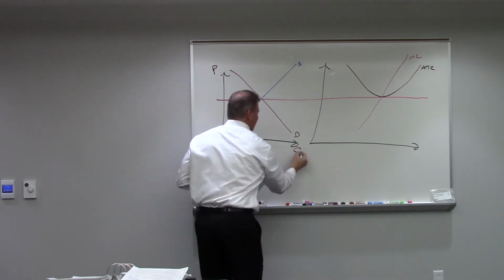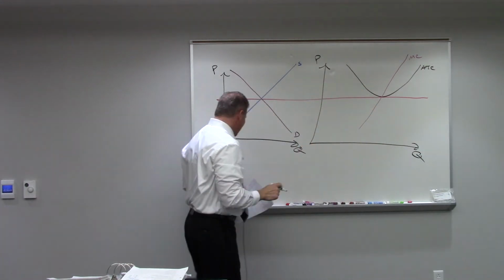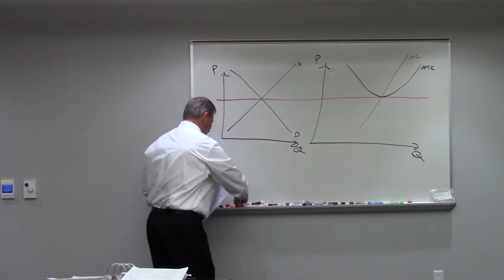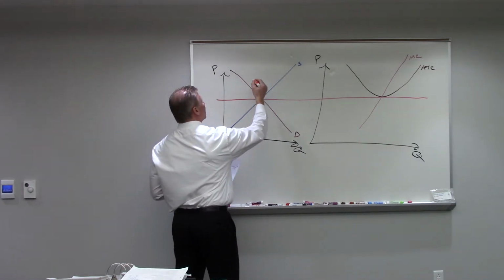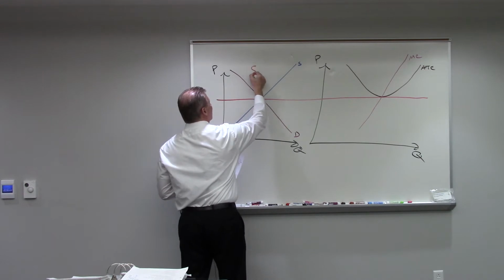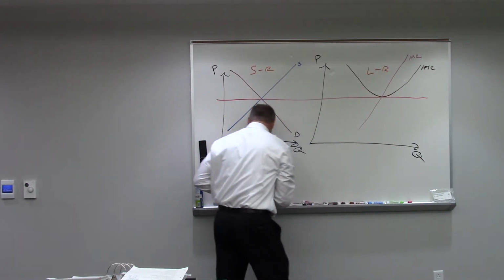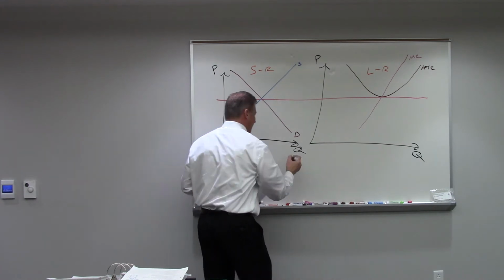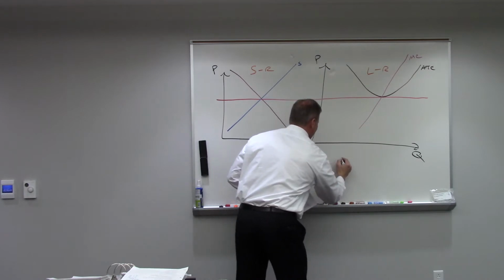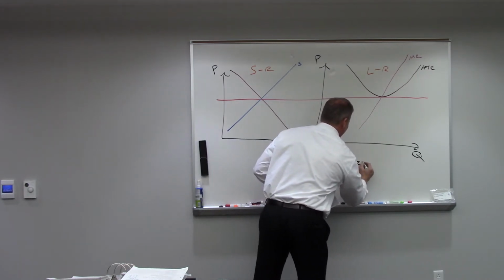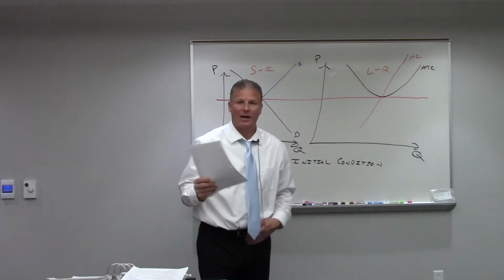This is price, this is quantity, price. The difference, let's use a little orange, is that this is all short run and this is all long run. And just for a little overkill, I'm going to call this the initial condition.